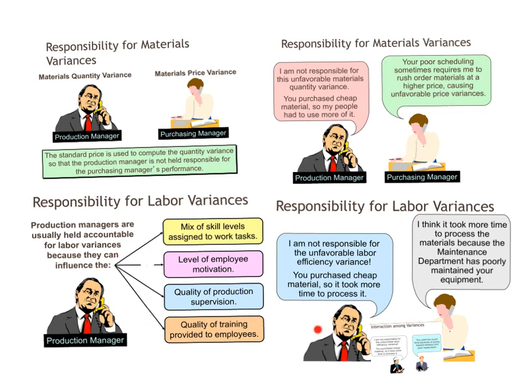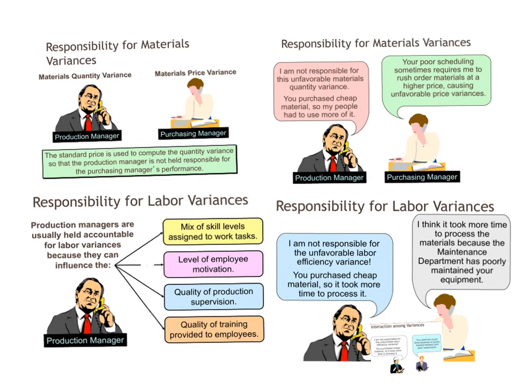However, the production managers can always say, I am not responsible for the unfavorable labor efficiency variance, because you purchased cheap material, so it took more time to process. However, the purchasing manager can counter back and say that it took more time to process because of the maintenance department, which did not maintain your equipment properly.